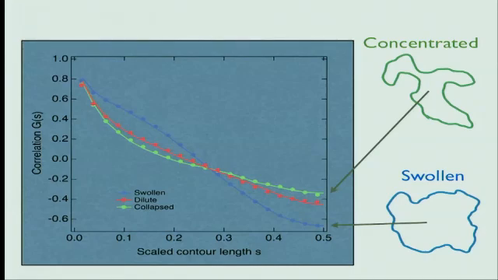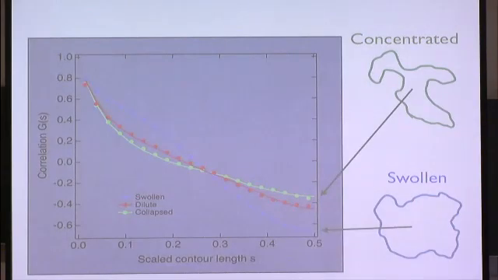You would get exactly this result. Here you see our reference diluted circular DNA, and when it is collapsed, you see that the correlation function decays quicker because it looks more flexible. And if it is swollen, it decays slower because it looks stiffer. And you see it here clearly.